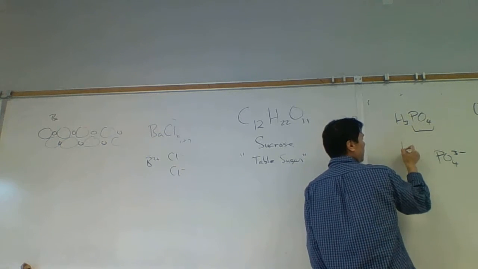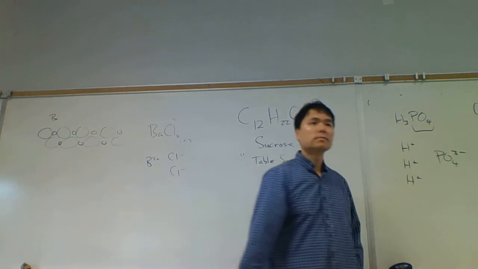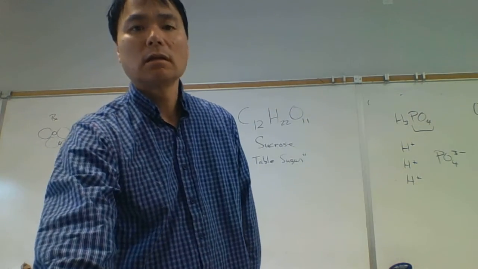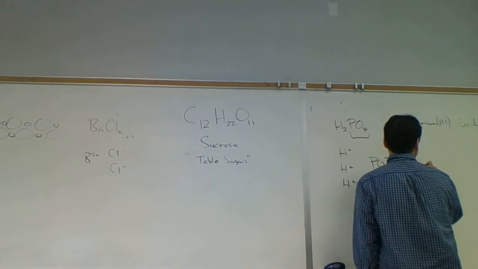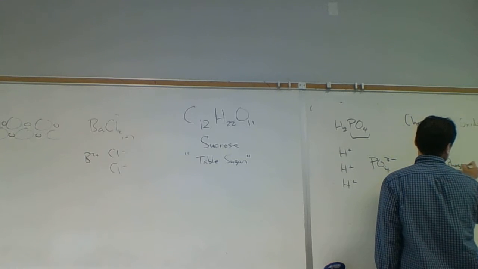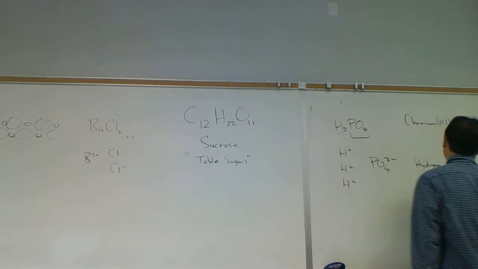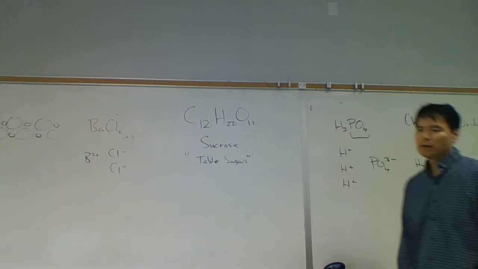And these 3 hydrogens are like this. And so this would be called hydrogen phosphate. Or it's more commonly known as phosphoric acid. And so we'll talk about naming acids in a little bit. I just want to start with the ionic compounds right now.